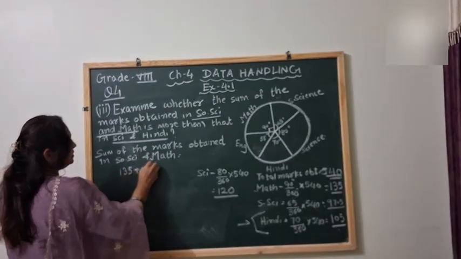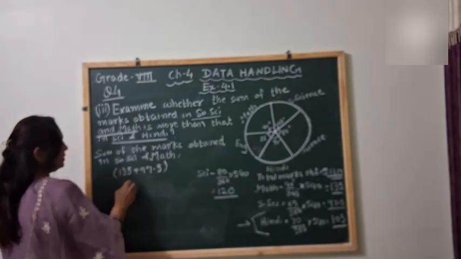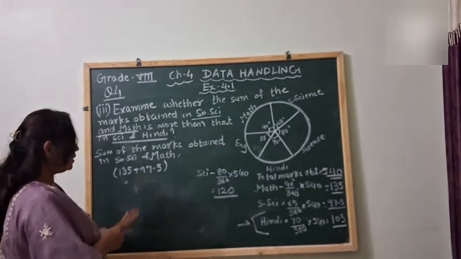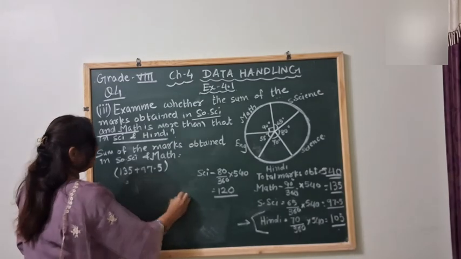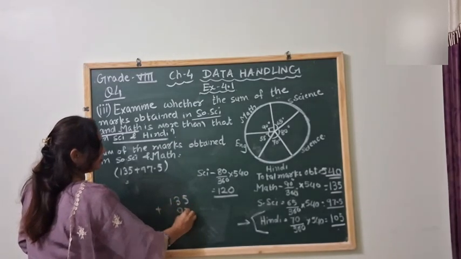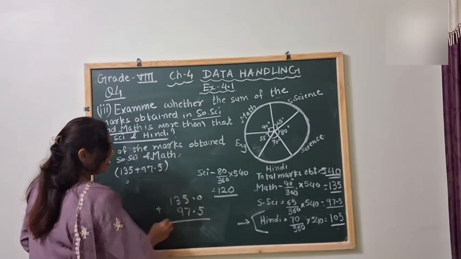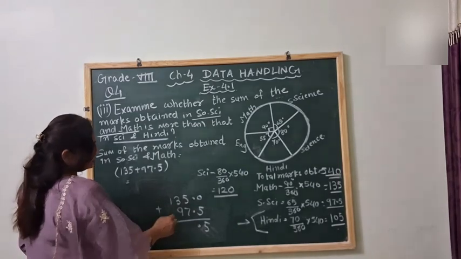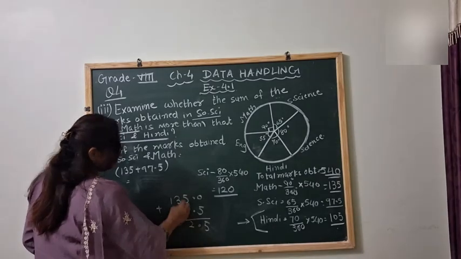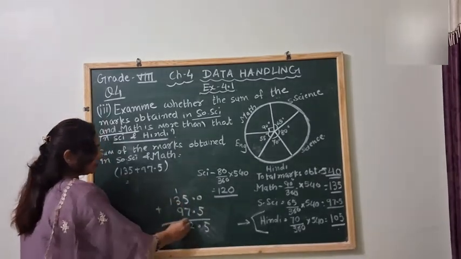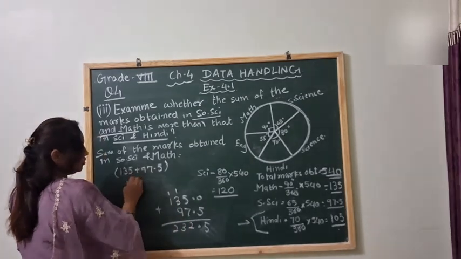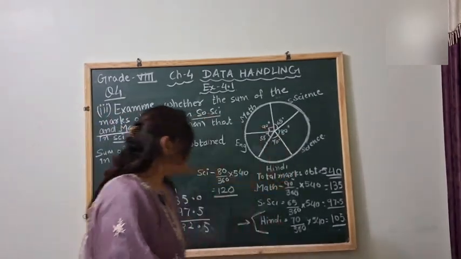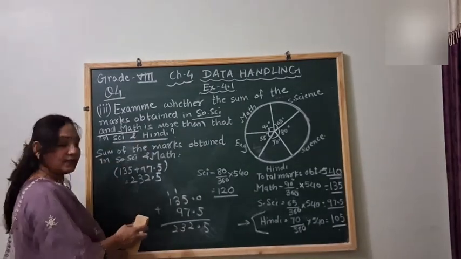If I add here, 0.5 as it is, 7 plus 5 is 12, 2 and 1 carried, 9 plus 1 is 10 plus 2 is 12, 3 and 1, so it is 232.5. Now we will add up the marks of these two subjects, science and Hindi, and then we will compare.